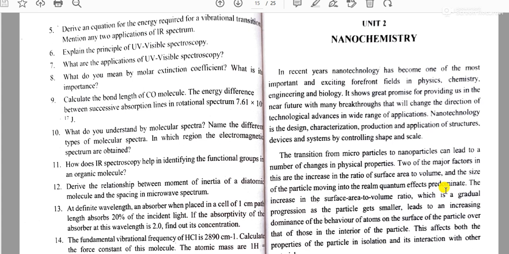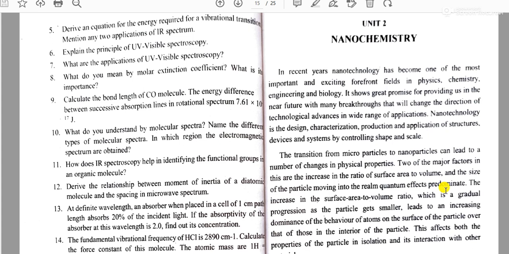They will not be allowed to move outside this region because of this size limitation, or because of the changes happening in the energy band gap of these materials. So this is the quantum confinement effect. Two important effects occur when microparticles are converted to nanoparticles, when the size of any material is reduced to nano dimension.